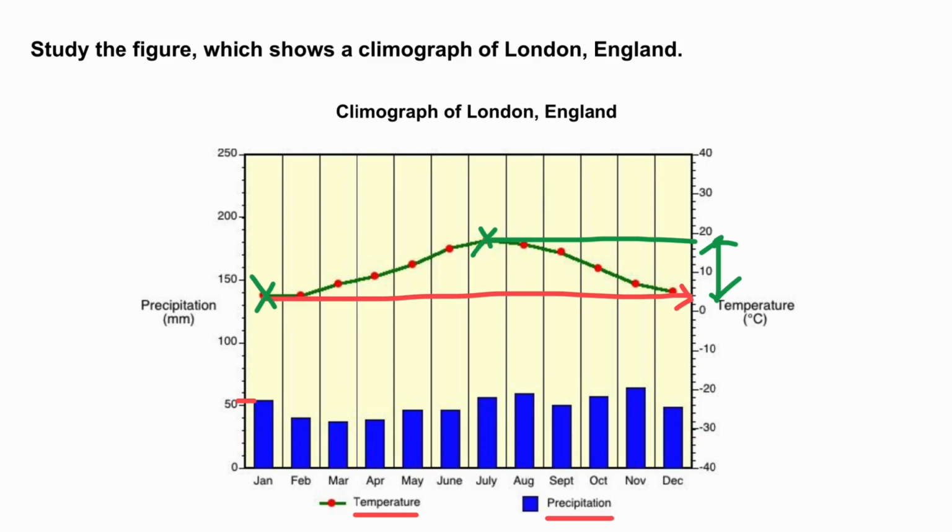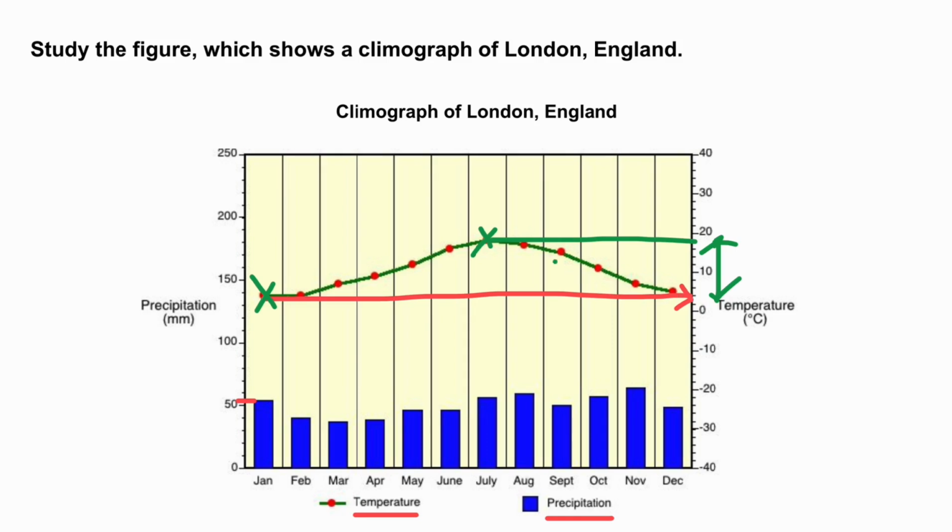The previous one on Hanoi is about 10 degrees. This is about 16. Not only that, you realize that the highest temperature here is only 18 degrees. It's quite low compared to Hanoi. And the lowest temperature, 2 degrees Celsius, is definitely much lower than Hanoi.